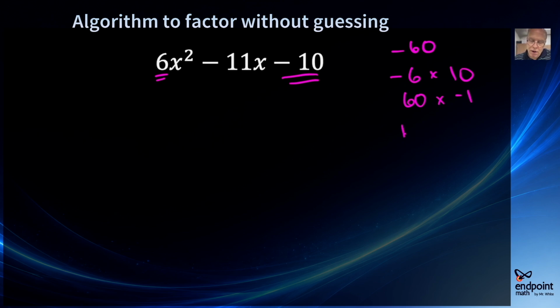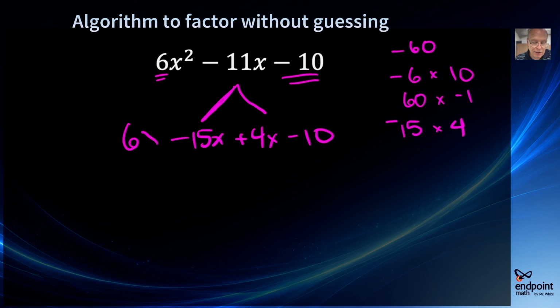However, what about 15 and 4? 15 times 4 makes 60. But if I make the first one the negative, now it's negative 60, and it adds up to be negative 11. So that's the combination we were looking for. So you don't always have to list them all out. You can kind of go until you find a hit.